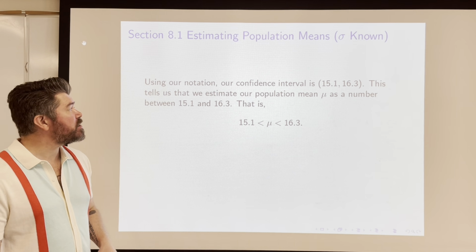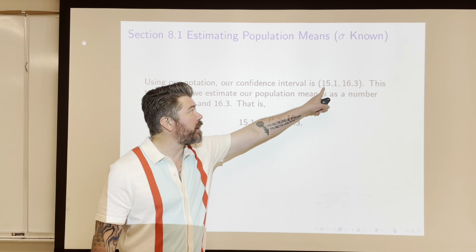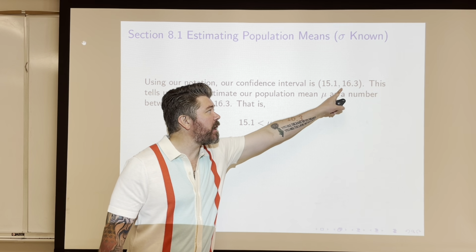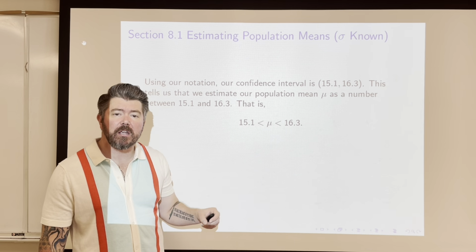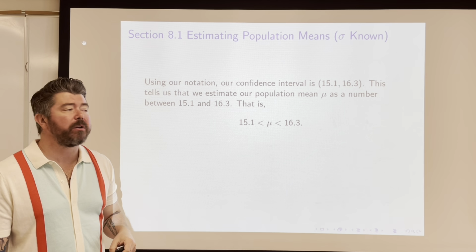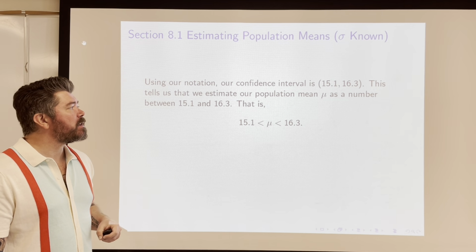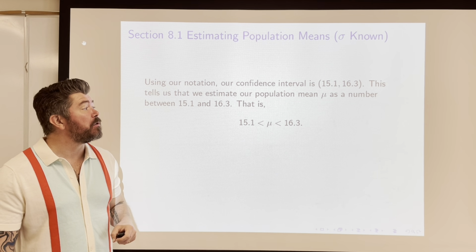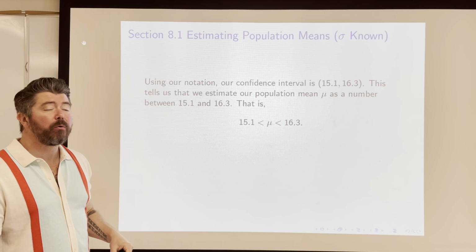Using our notation, our confidence interval is, remember our lower endpoint was 15.1 and our upper endpoint was 16.3. So this is our open interval from 15.1 to 16.3. This tells us that we estimate our population mean mu as a number between 15.1 and 16.3.